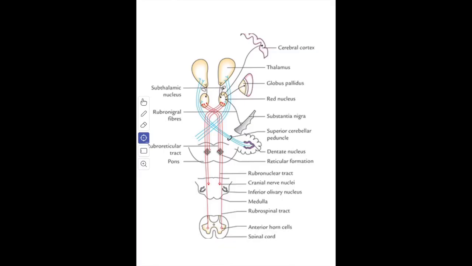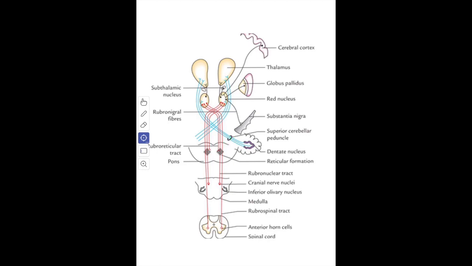Next we'll see about the connections of the red nucleus. So this is a schematic picture to show the connections of the red nucleus. First we'll see about the afferents. The afferent fibers are the cerebello-rubral fibers. So it arises from the contralateral dentate nucleus and the fibers pass through the superior cerebellar peduncle.